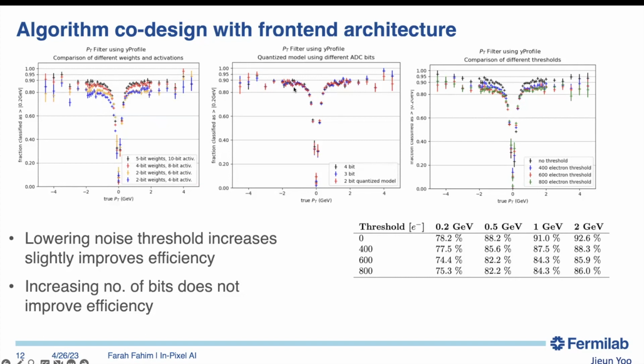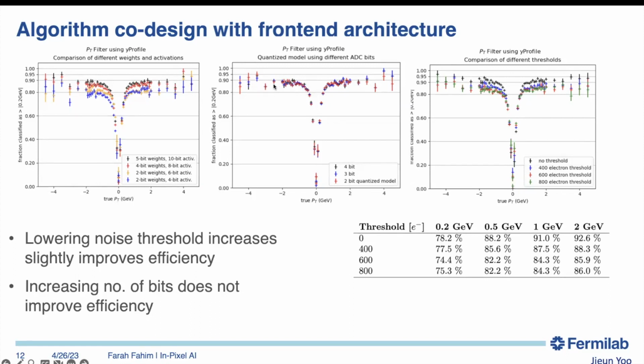Then we tried a couple of other things, like instead of a 2-bit quantized model, could we do a 3-bit or a 4-bit quantized model? Remember this is Y profile, so we are summing up the values across the Y-axis. We see that if we increase the number of bits, we don't gain much performance improvement over that 90%.